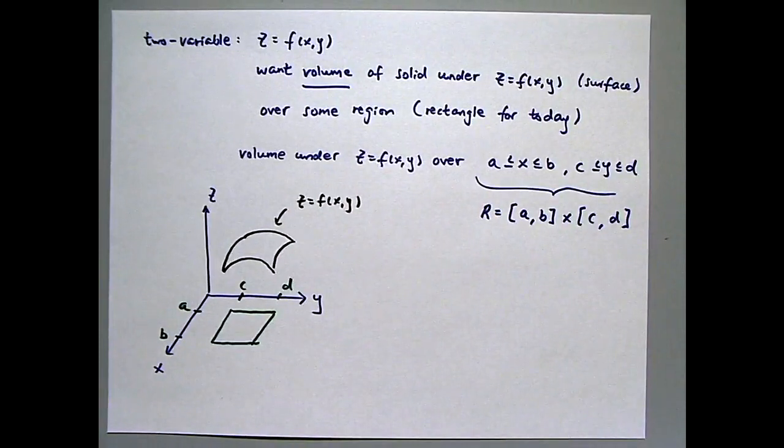Right? Can you visualize that? It's kind of like a candle in a way, but it's going to be a square kind of candle. And how do we find the volume? We're going to use the Riemann sum again, using exactly the same concept we just saw.